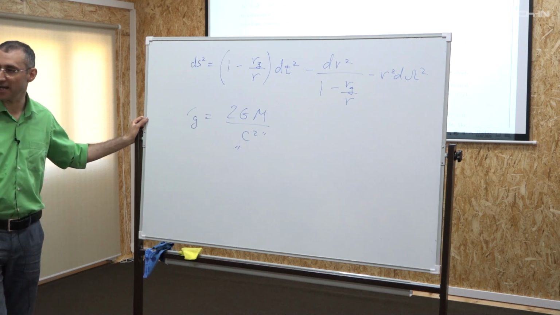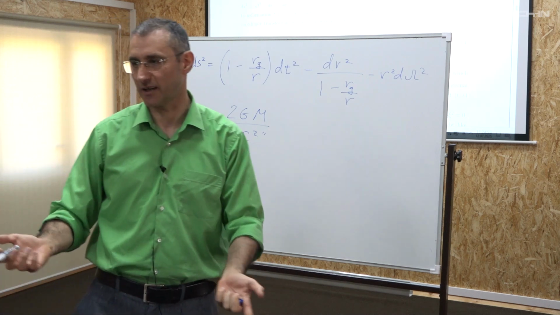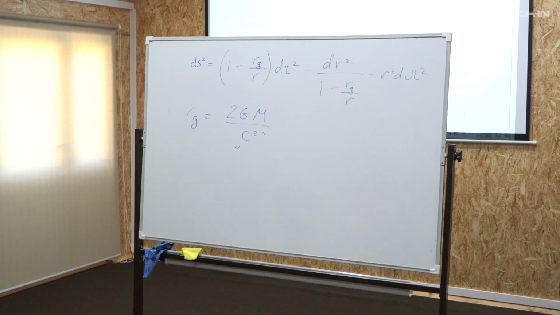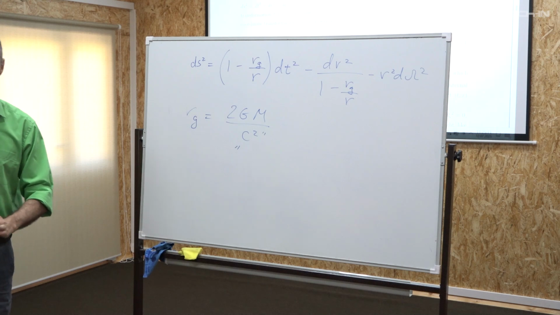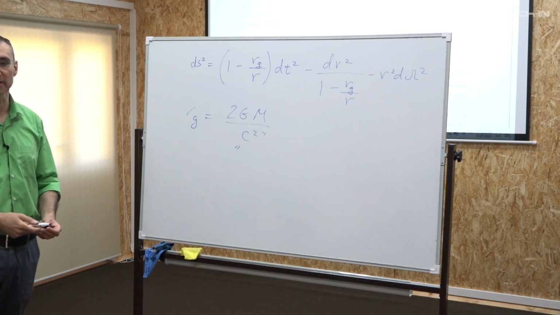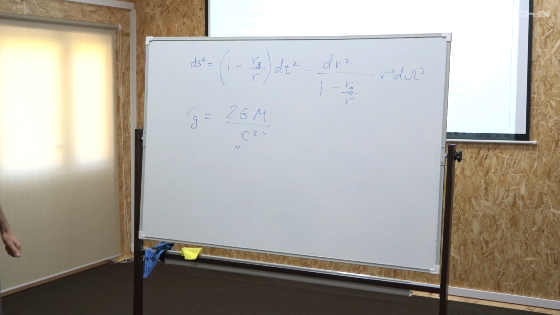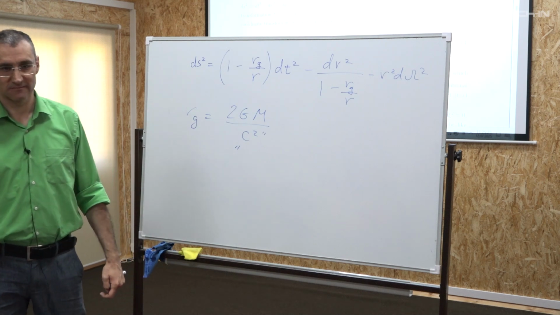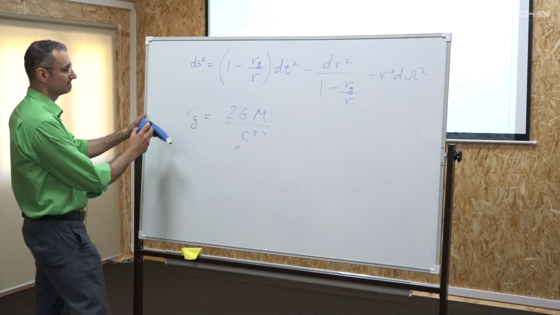For example, the sun has a radius of 700,000 kilometers. If you shrink the sun to a size of order of 3 kilometers, the sun becomes a black hole. For the Earth, you should shrink it to 1 centimeter to make a black hole.